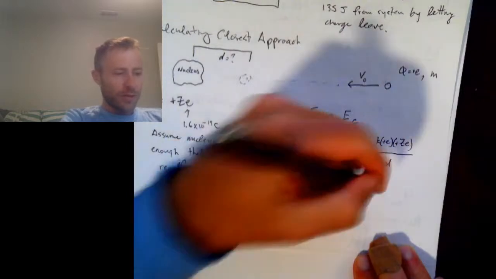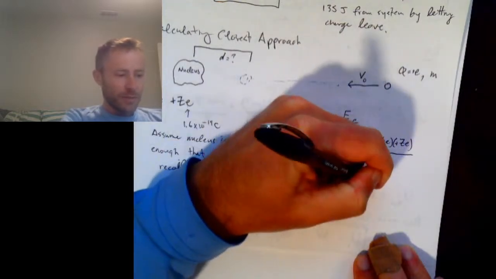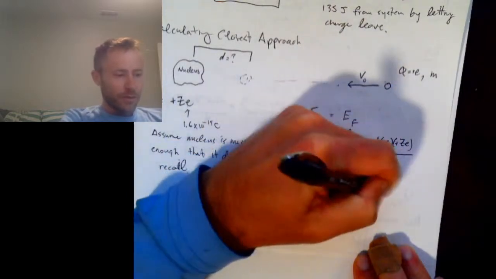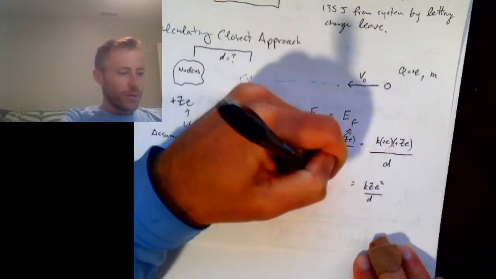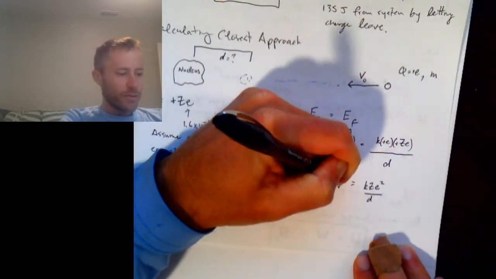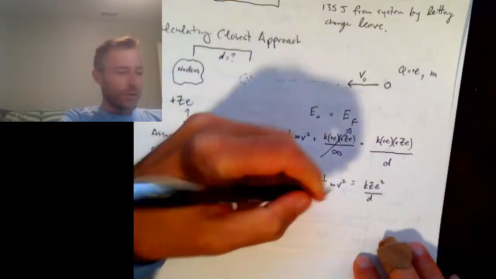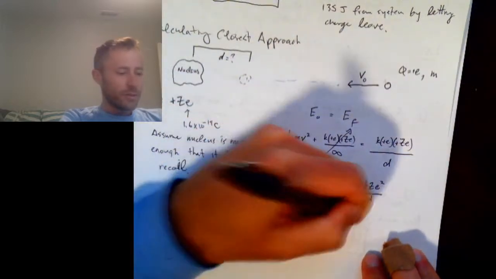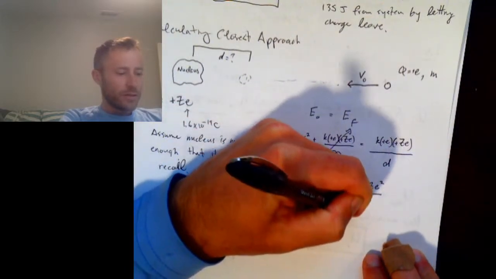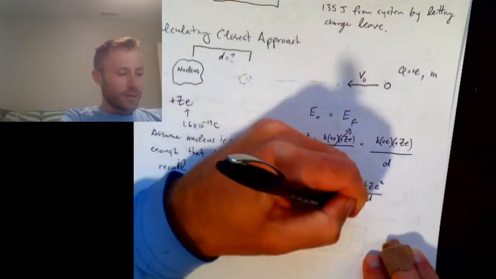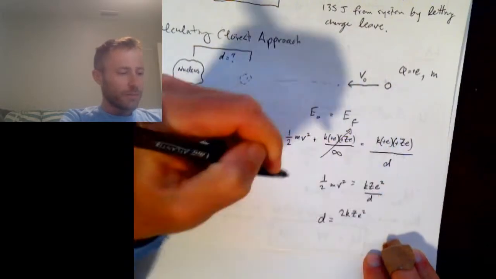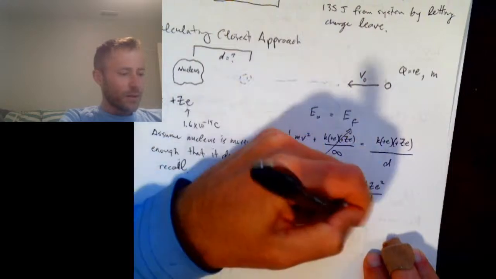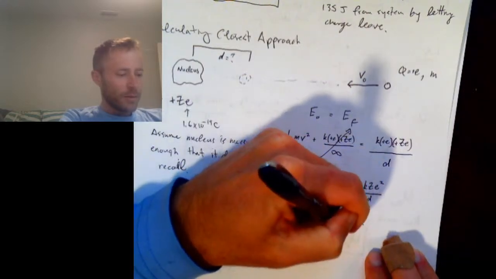Simplifying that a little bit, I have K Z E squared over D equals 1/2 mv squared. Solving for D, I get D equals 2K Z E squared over mv squared.